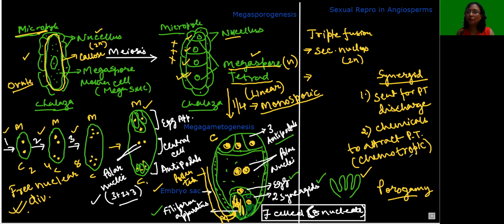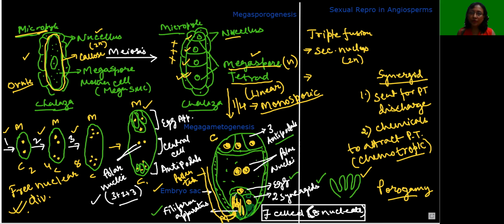They were moving with the help of water. Even they were attracted by chemicals produced by the archegonia. But in this case, there is no archegonia, there's no water requirement for fertilization. So this is a growth of the pollen tube. Since it is a growth, it is called chemotropic. So it's a chemotropic attraction and movement of the pollen tube towards the micropyle.